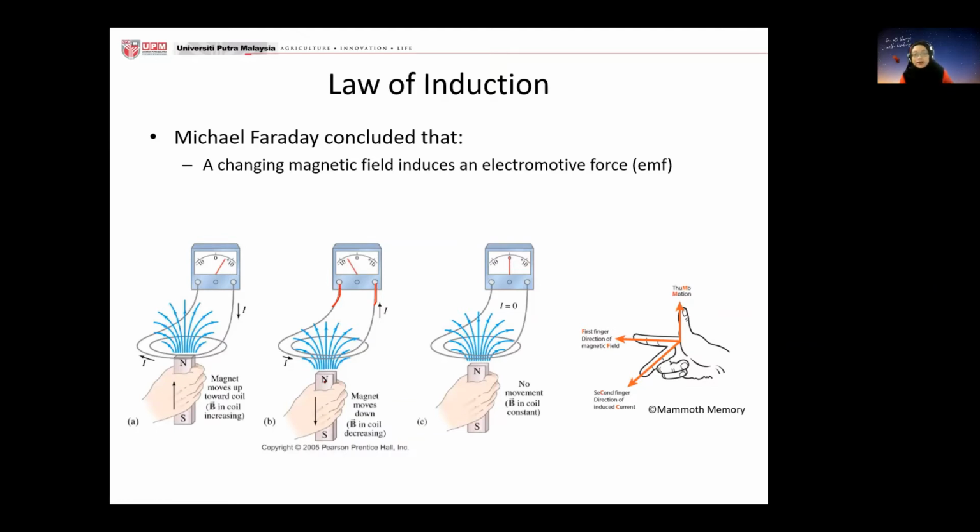So if you move the magnet downwards, relatively the coil is moving upwards. Imagine you are moving the magnet, but the coil itself is going upwards.